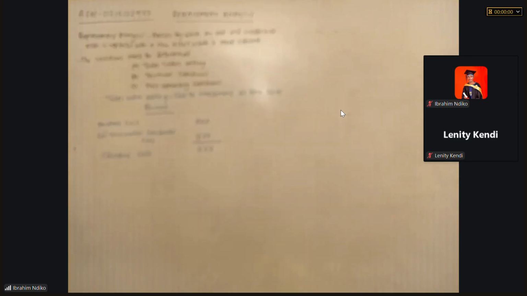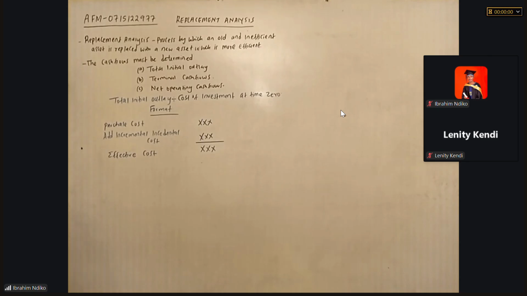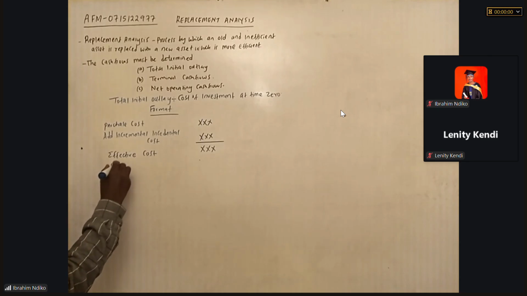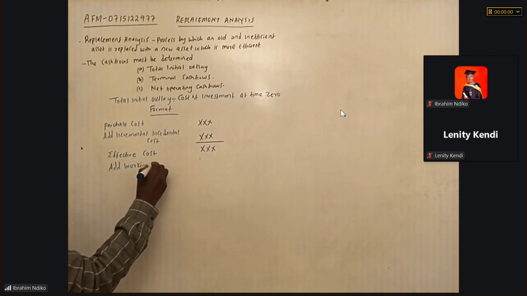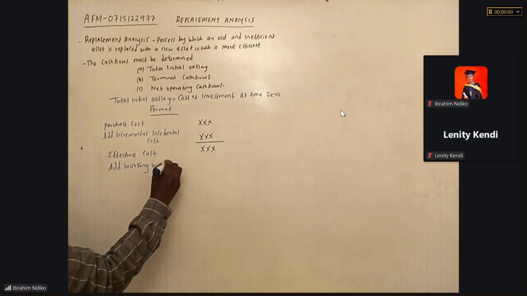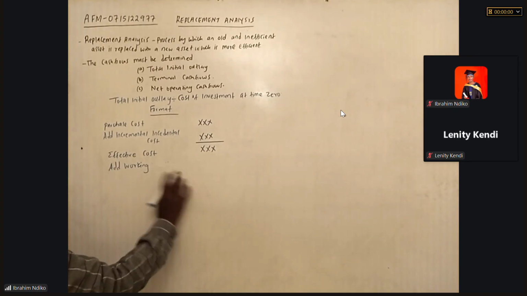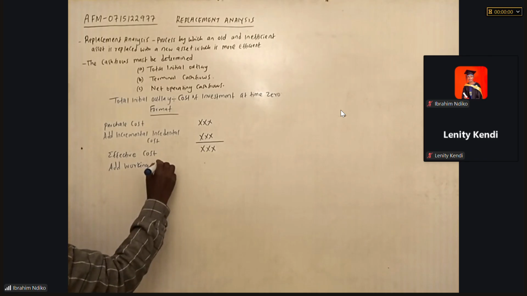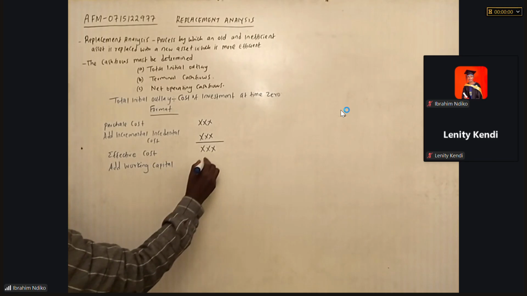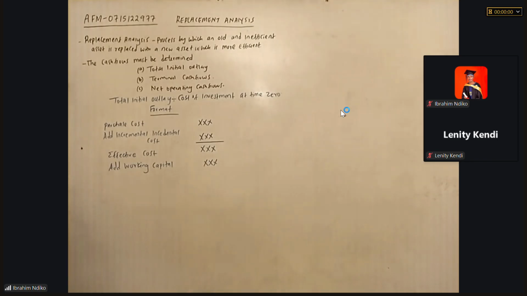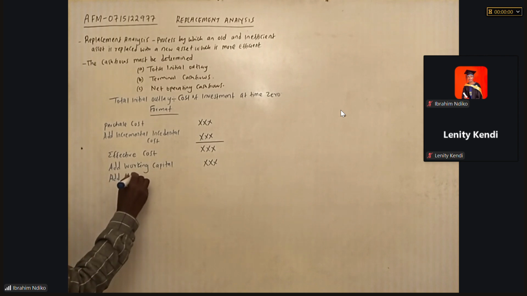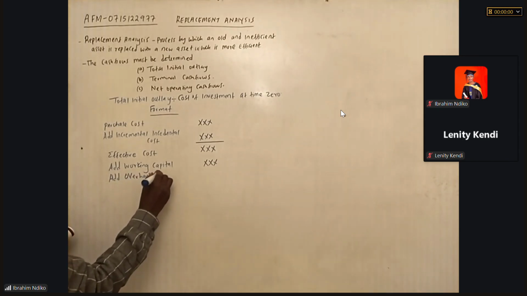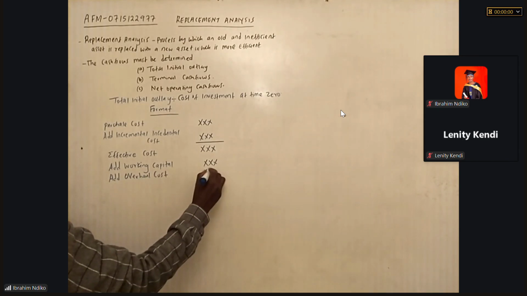Then we add working capital. It can be net working capital or working capital. Then we add overhead cost if there is overhead cost.